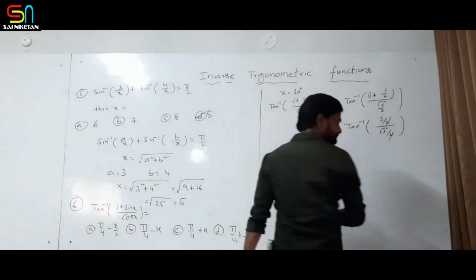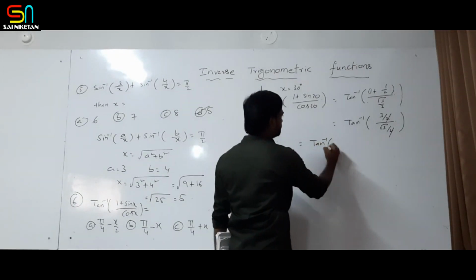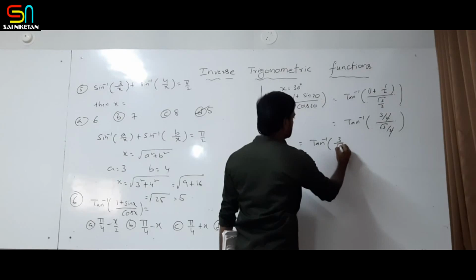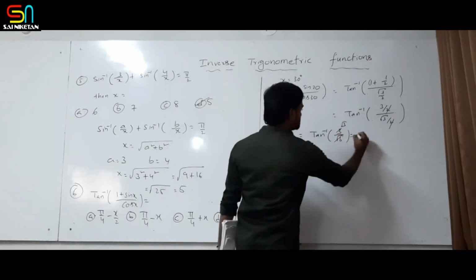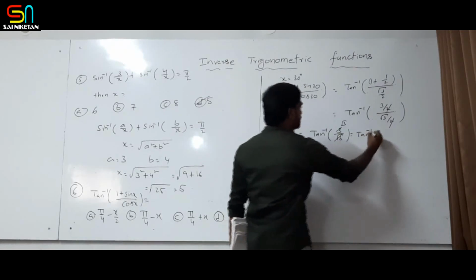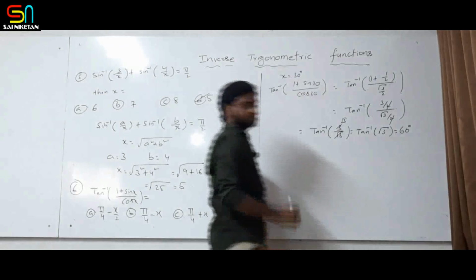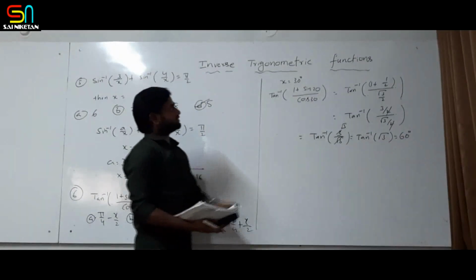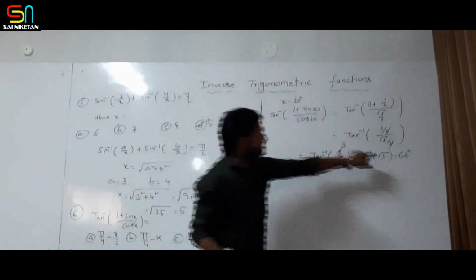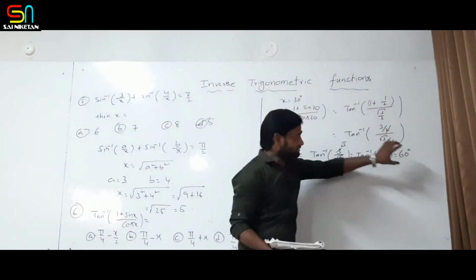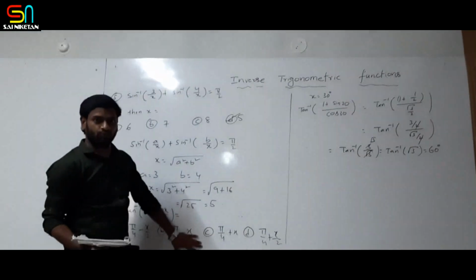The halves cancel here, and what remains is tan inverse of 3 by root 3, and the root 3 cancels, that is tan inverse of root 3. It is equal to 60 degrees. That means if you solve this question by substituting x value 30 degrees, you get the answer 60 degrees. In the same way, substitute 30 degrees in the given options also.